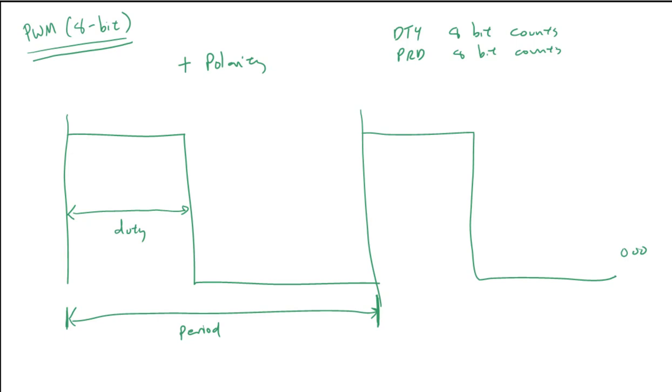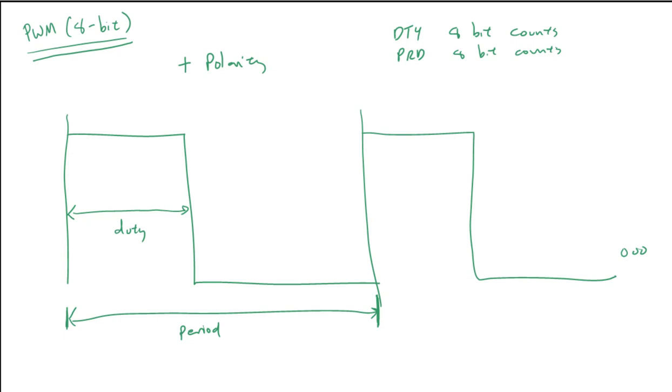Okay, so all the module does is it literally counts the number of duty counts and then turns the wave on high for that part. And then when it reaches that count, it puts the output waveform low, and then continues to count until it reaches period.